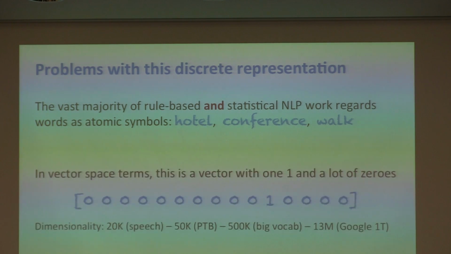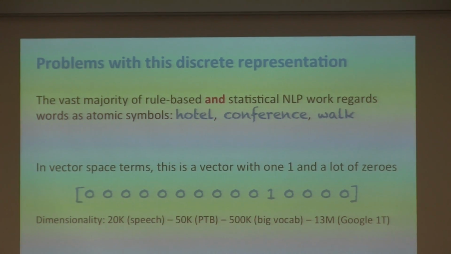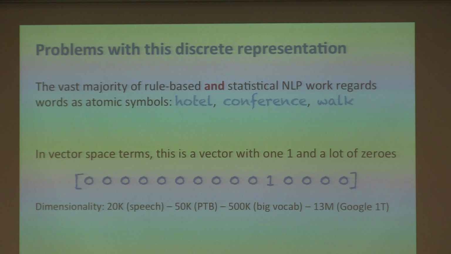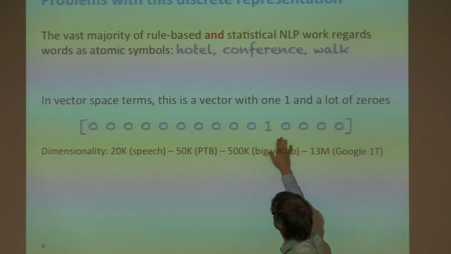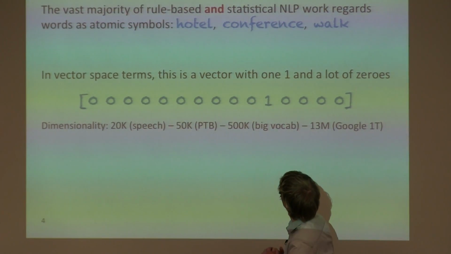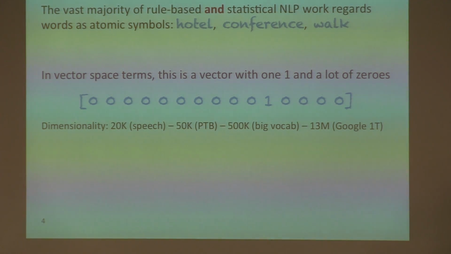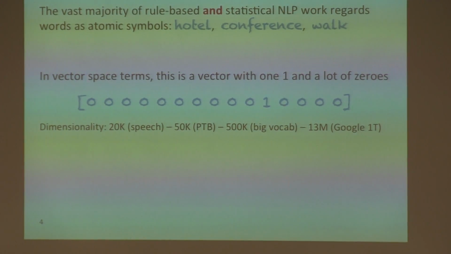So you might say hotel, conference, or walk are all just an index in a very large, very sparse vector. We often call these one-hot vectors. So here you might say the word hotel is basically a gigantically long vector where the 536th entry is a 1. And that means the word hotel is basically that entry. And the dimensionality of that increases the larger your vocabulary is.